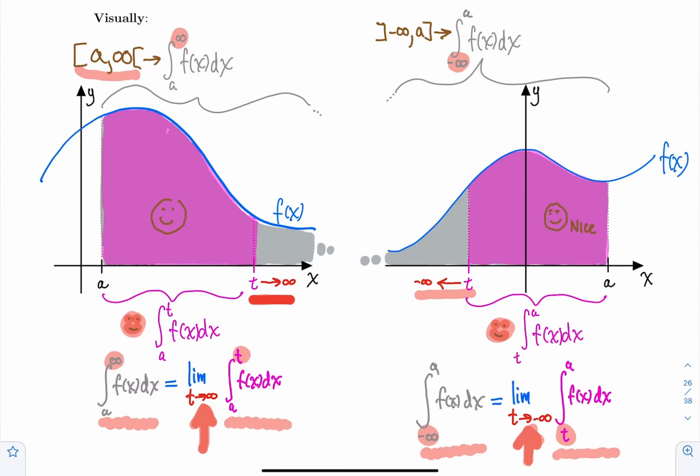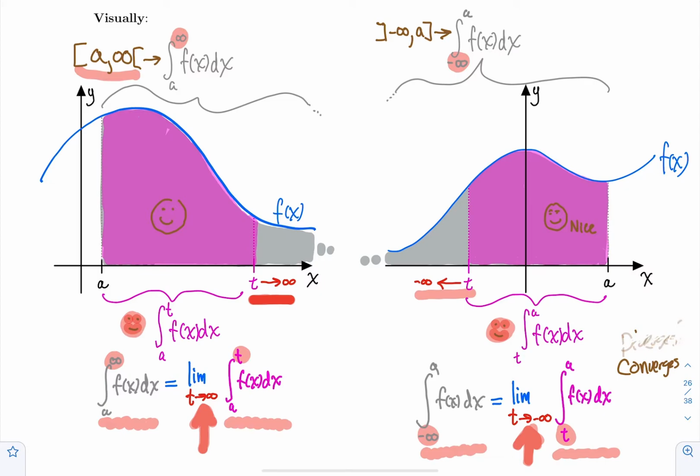And again, if this limit does not exist, we're going to say that the integral from minus infinity to a for the function f of x with respect to x diverges. If this limit exists, so if it goes to a value, we're going to say that the integral from minus infinity to a for that function f of x with respect to x converges to that value.